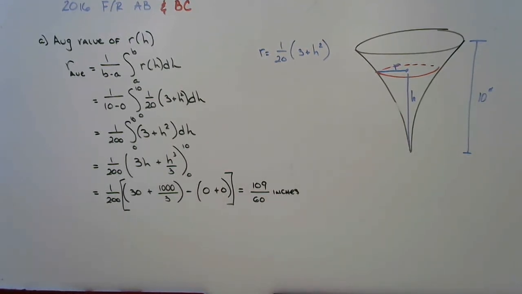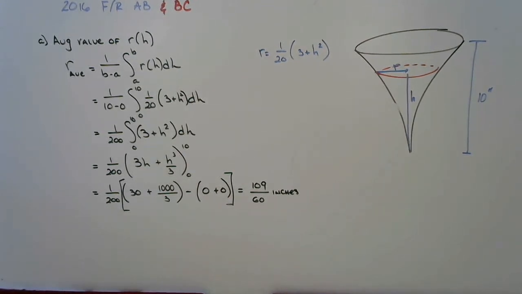Now part C says find the volume of the funnel. So how are we going to find the volume of the funnel? Well, if we look up above, we see where it tells us in the problem that the inside of a funnel of height 10 inches has circular cross sections.